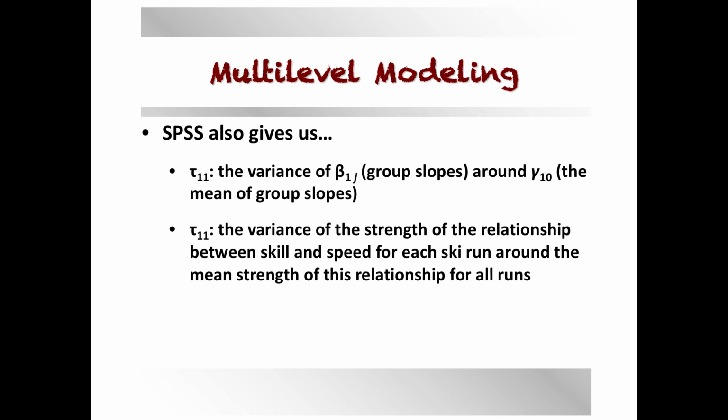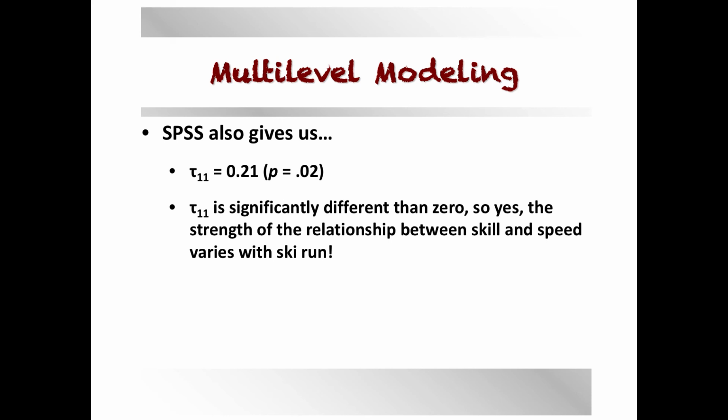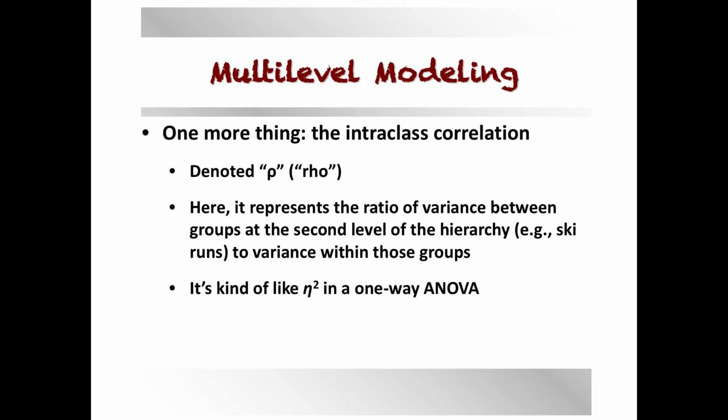And so that's what this is testing, the variance of the slopes, or the variance of the relationship between skill and speed around the mean overall slope. And in this case, that came out to be significant. So yes, there were significant differences among the 10 slopes, and thus the strength of the relationship between skill and speed varies. Okay, so another in-depth conclusion for you.